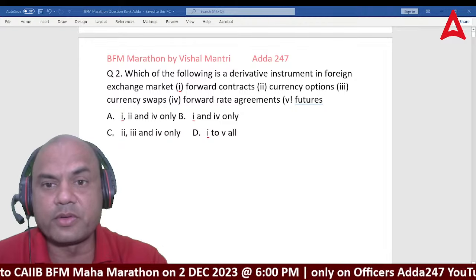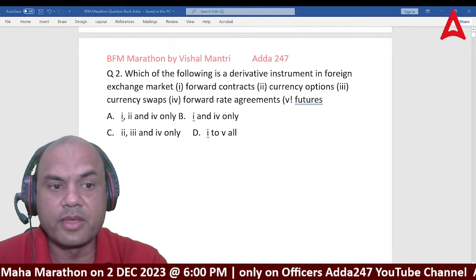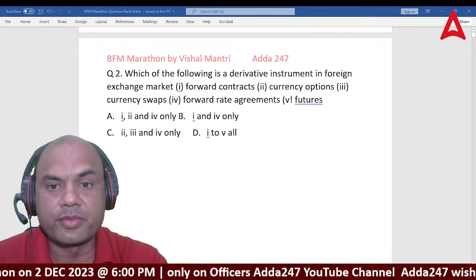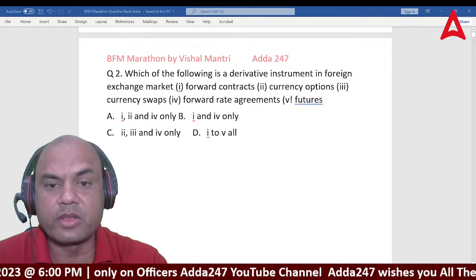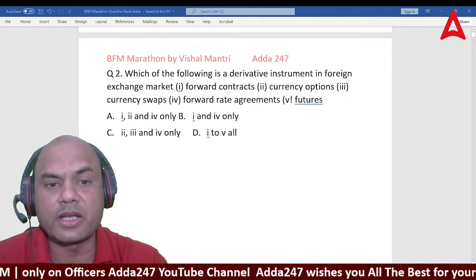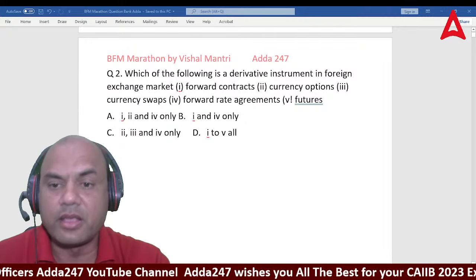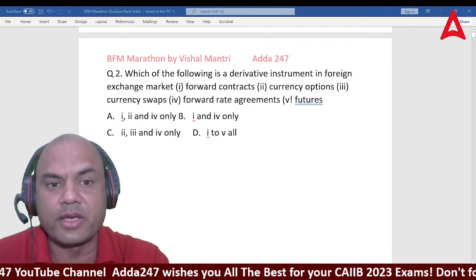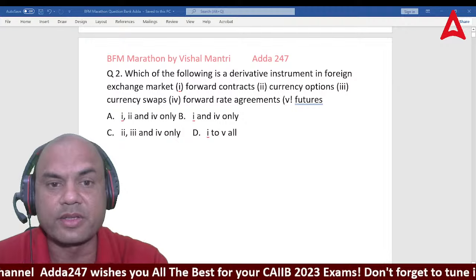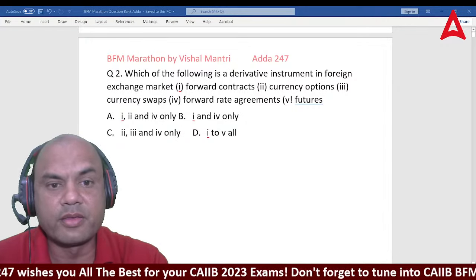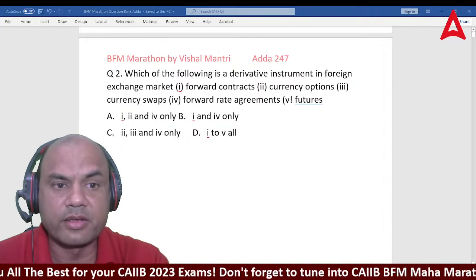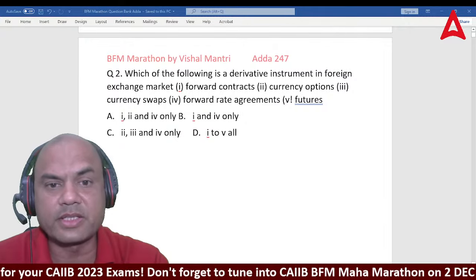Are you all able to see the question properly? Type yes in the comment section. Now I'm on the second question. Okay, you are able to see this.